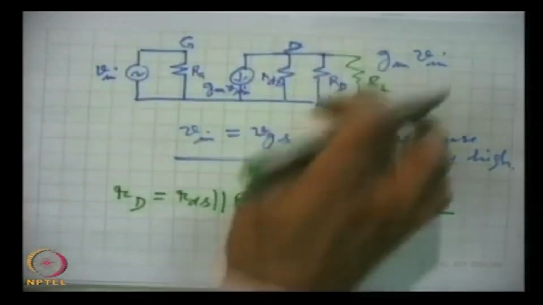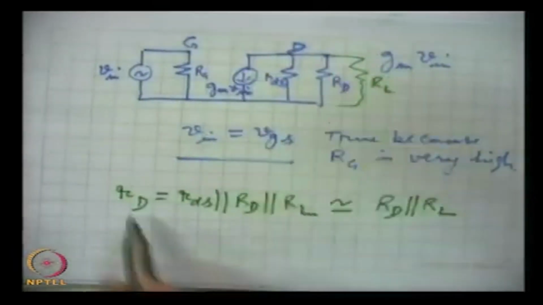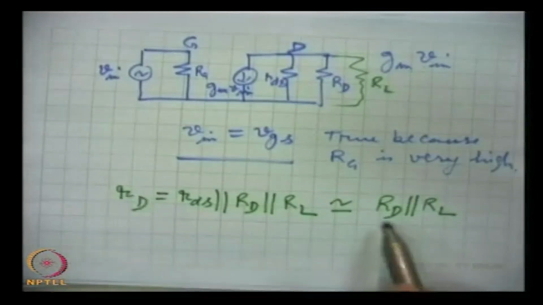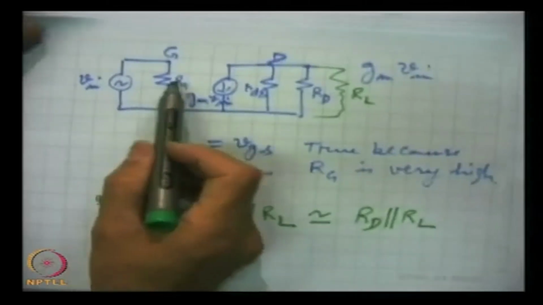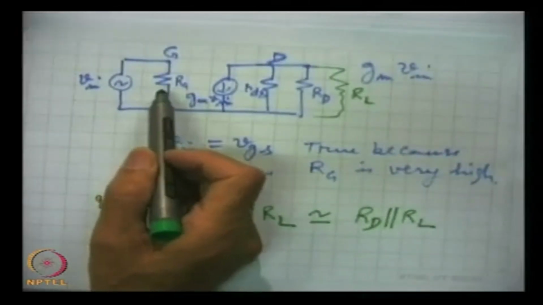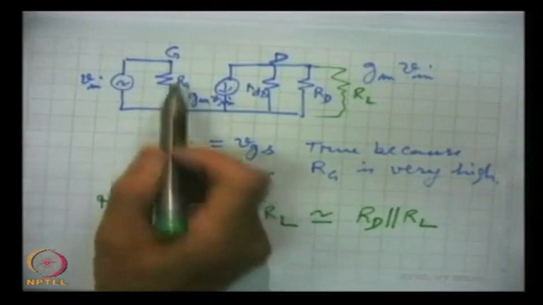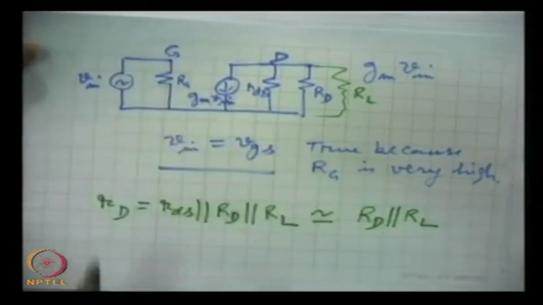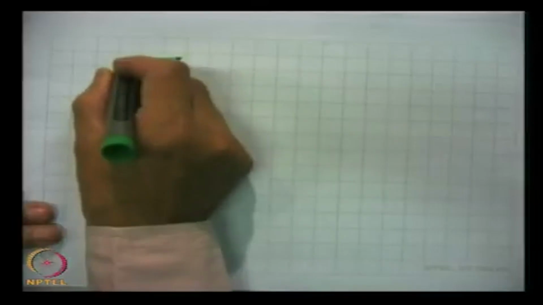So in this model, all these resistances we can replace by RD, where RD will be equal to this. Also RG is a very high resistance, as we have seen, 50K, 100K. So this can also be dropped from this figure, and then this model becomes this.